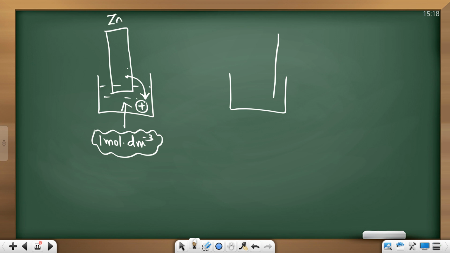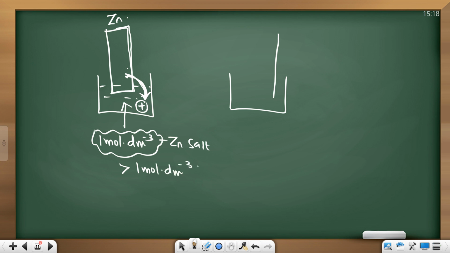For example, we said zinc, right? So I have concentration of 1 mole per dm cube, zinc salt. But because of the larger surface area, the rate at which zinc oxidizes will increase, such that this concentration will be greater than 1 mole per dm cube.